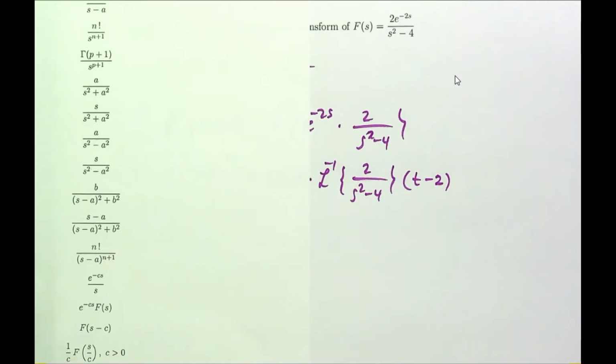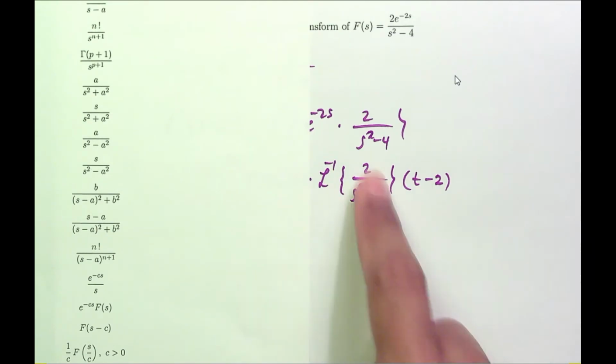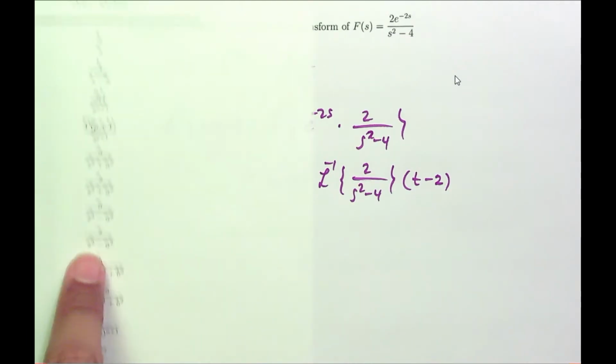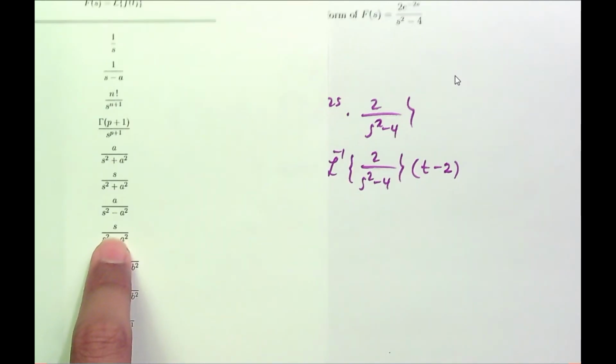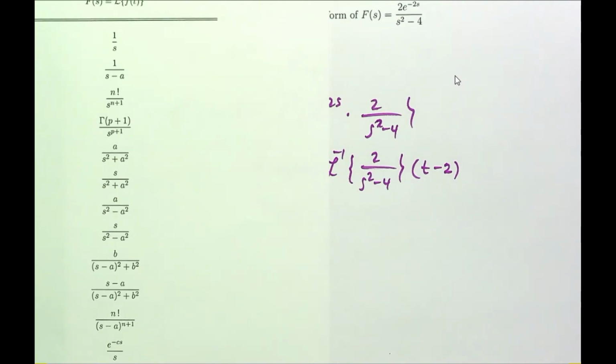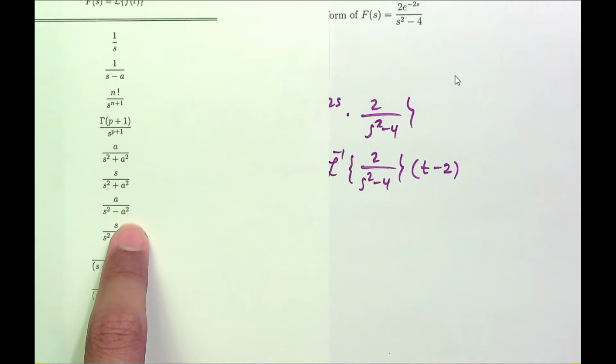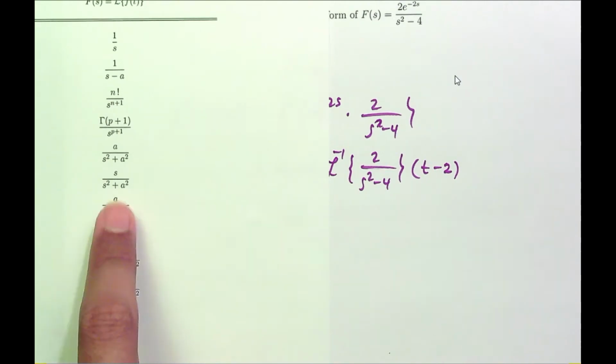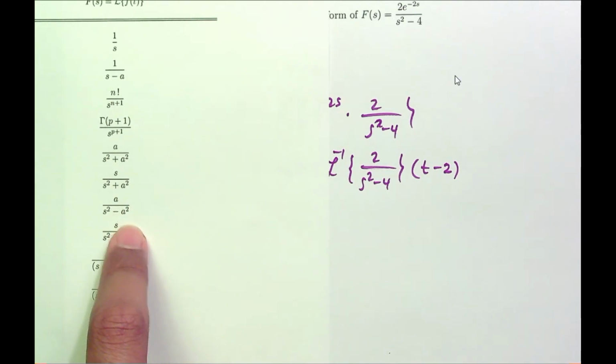So let's look for something that looks very similar to that. Note that the top is a constant. So it cannot be this one because the top of this one is a variable, s. So it has to be this one. The top is a constant. And note that the constant in this table has to be precisely the square root of the bottom, or the bottom constant has to be the square of the top.